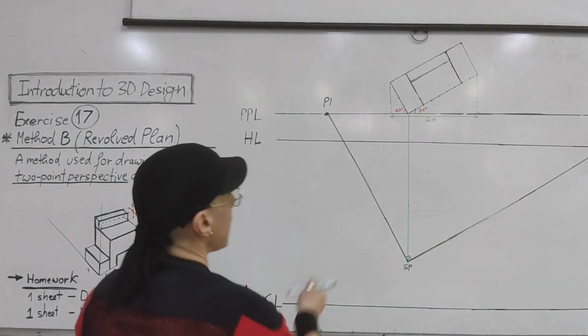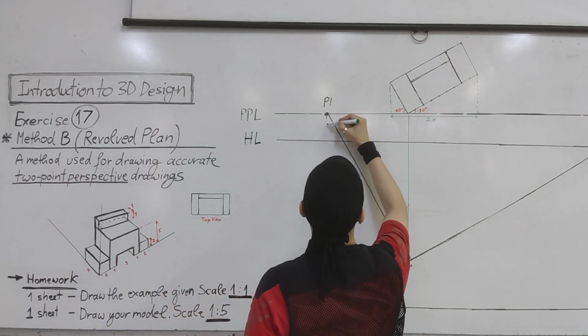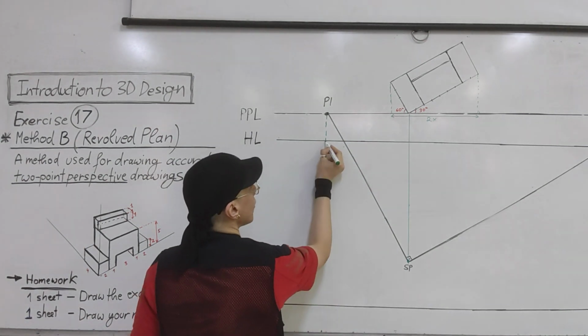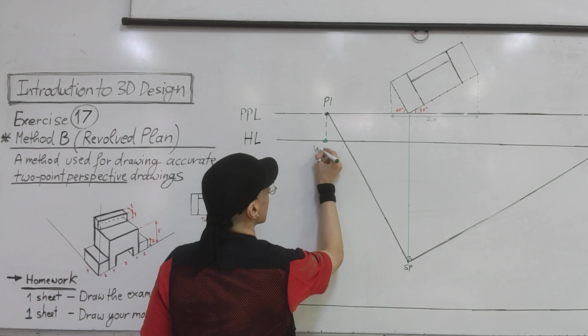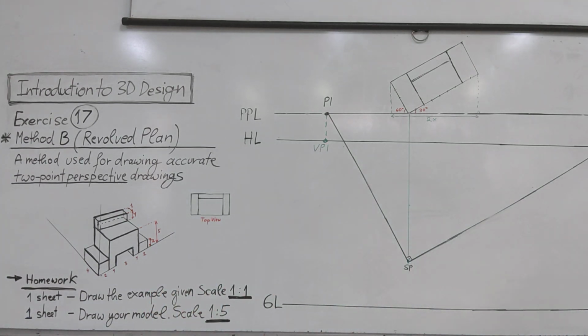From these 2 points, P1 and P2, we will put straight lines down until where? Until the horizon line. Okay? This will be vanishing point 1. And here the same thing.